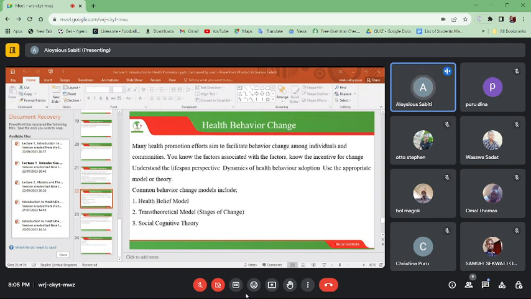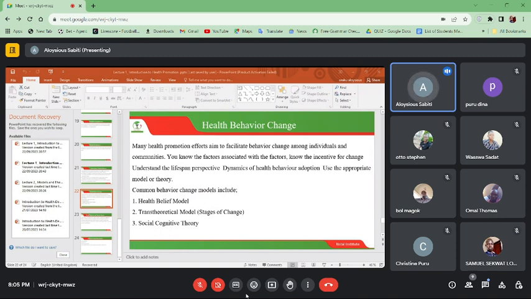So the health belief model is a psychological one, meaning it depends more on an individual, whereas there are different variables that may influence it.